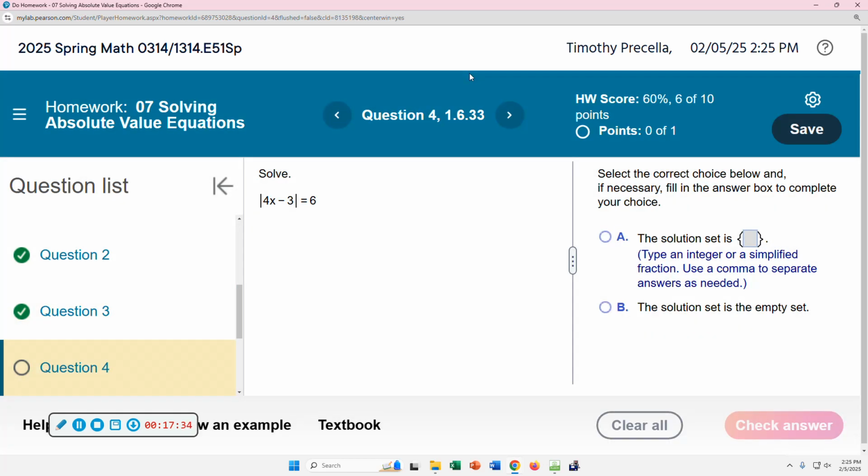Is this going to be a no solution? No, because we already have the absolute value isolated on one side. Nothing's being added or subtracted or anything to that absolute value. So the absolute value is by itself. We have an absolute value equals positive. How many solutions do we expect to have here?